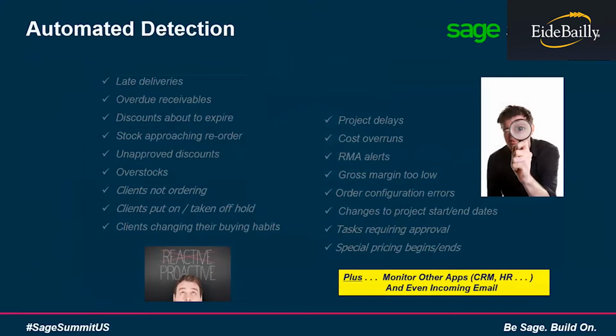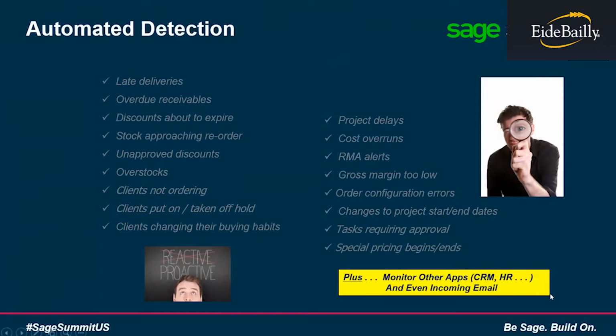Now, for those of you running Sage 100, out of the box, Alerts and Workflow ships with roughly 85 pre-configured business conditions, including all of the ones you see on the current slide. If you happen to be running Sage 500, Sage Alerts and Workflow ships with over 100 pre-configured scenarios. And of course, you can tailor those scenarios and you can create an unlimited number of additional business conditions, activities, or scenarios of your own.